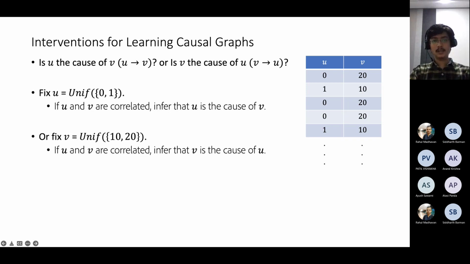If we make it something like it takes value 0 with probability 0.7 and 1 with probability 0.3, and then we see that U and V are correlated, we can still infer that U is the cause of V. Otherwise, if we see that U and V are independent, we can say that U is not the cause of V.